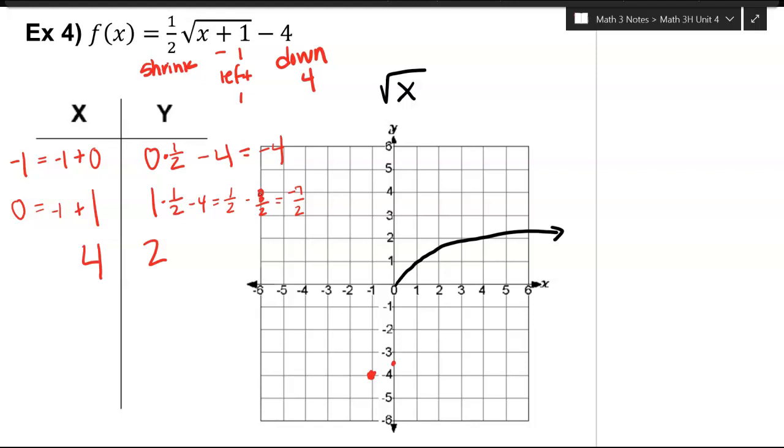All right, next one we have 4 plus a -1, so that's going to be 3. And then 2 times 1/2 minus 4. So 2 divided by 2 is 1. 1 minus 4 is going to be -3.